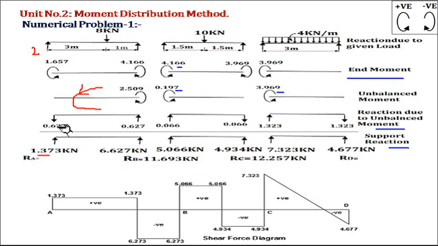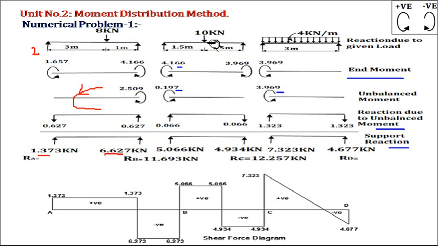As it is acting downward, so minus. Here the value will be 8 into 3, W A divided by L, so 8 into 3 is 24 divided by 4, that is 6. Now this reaction is acting upward, so 6 plus 0.627, so this value comes to be equal to 6.627.